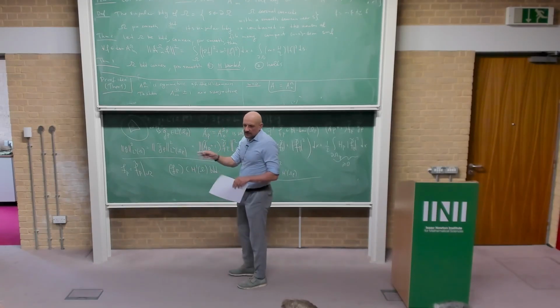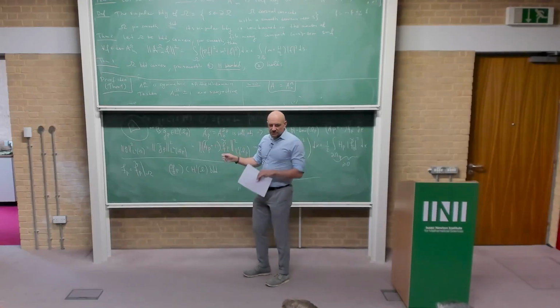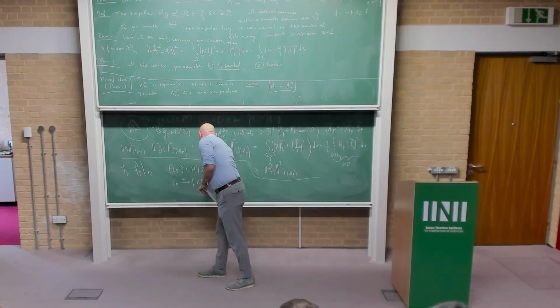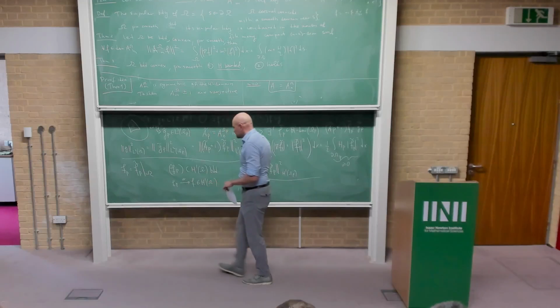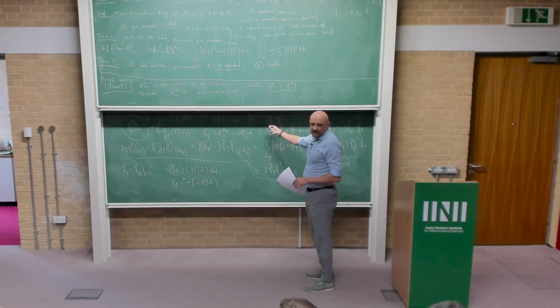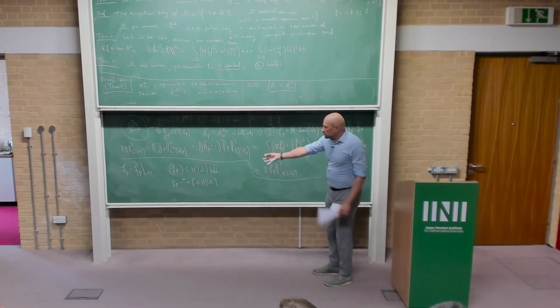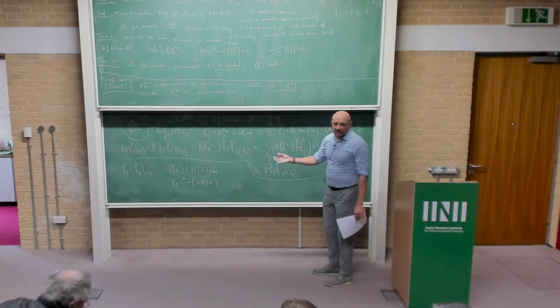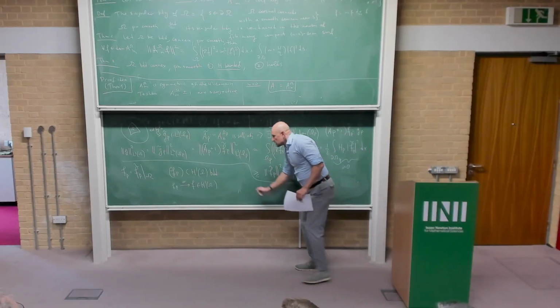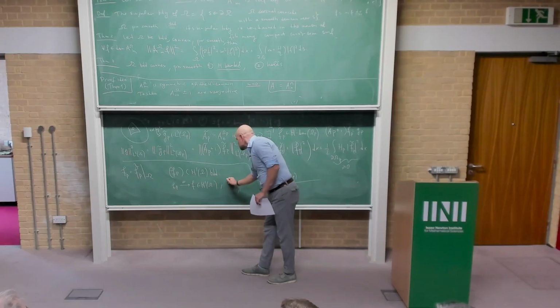Then with the extraction of subsequences, you may assume that it converges weakly to some function in H1 of Ω, which is a good candidate for that. In principle, at this point you need to do some very boring computations, and almost by definition you obtain this condition.